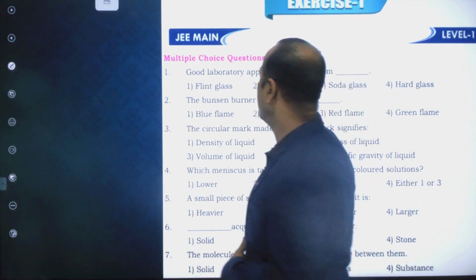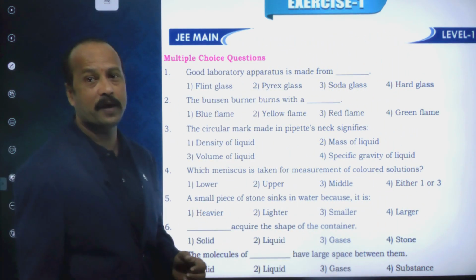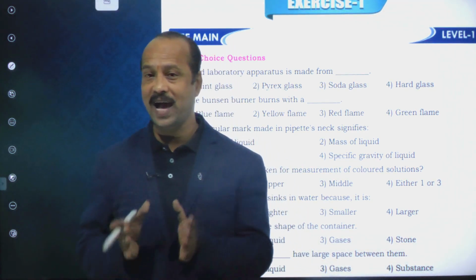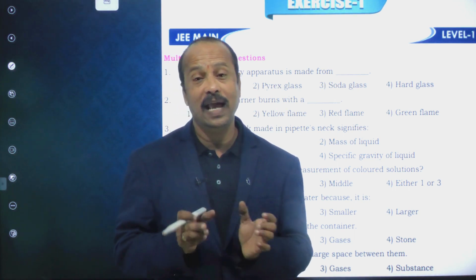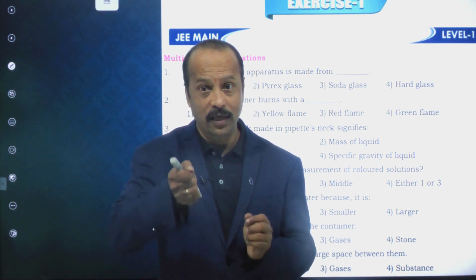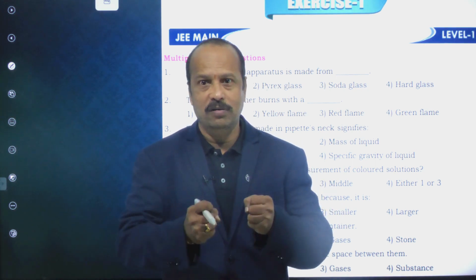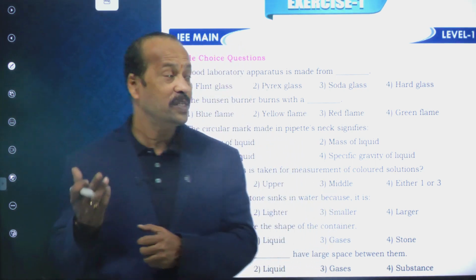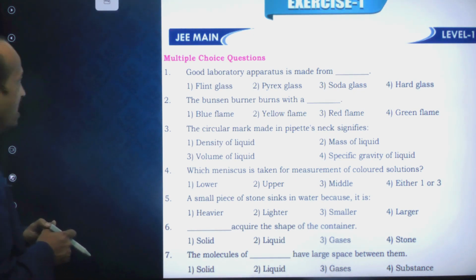Laboratory apparatus should be made of glass, and the glass can be used for heating and boiling something, so the glass should be strong. Which glass is used? Flint glass, Pyrex glass, soda glass or hard glass.